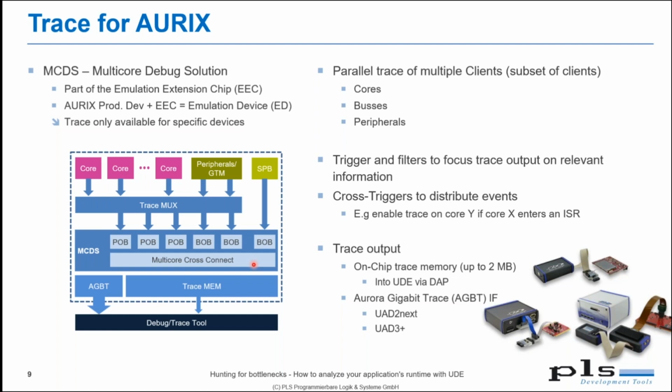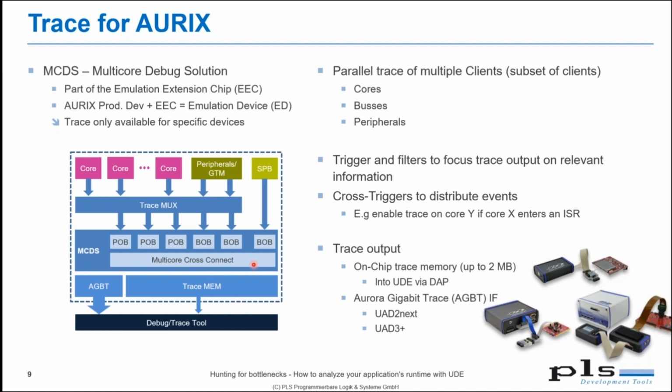For example, you can enable the program trace on one core if an interrupt service routine on the other core is entered. The emulation device also provides a dedicated on-chip trace memory for saving the captured trace information.